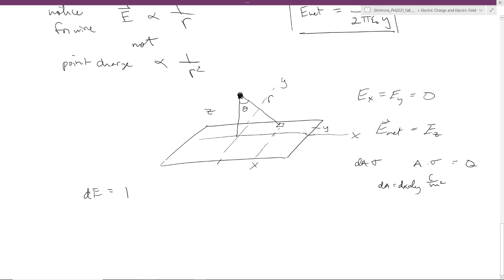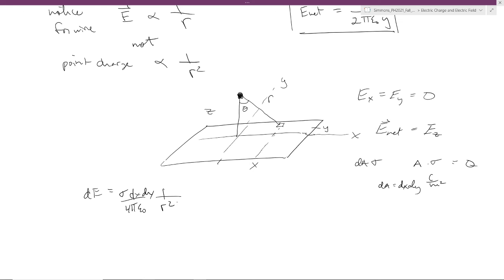Okay, so what are we going to integrate? We're going to have 1 over 4 pi epsilon naught dq. So our dq is going to become dx dy sigma. And then this will be, again, just like Coulomb's law, 1 over r squared.